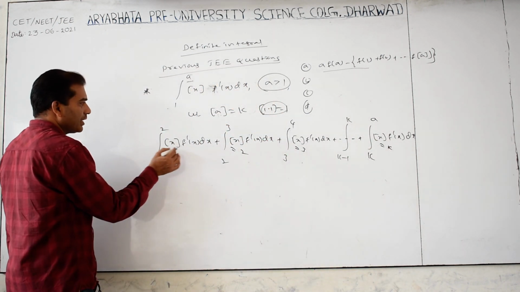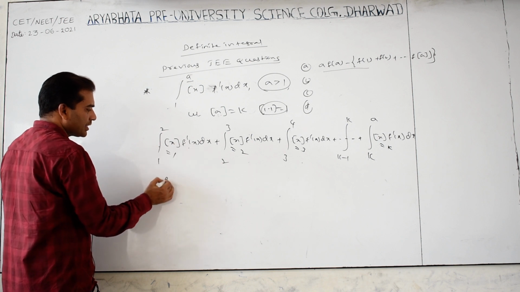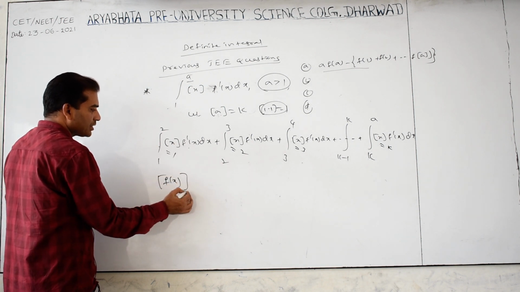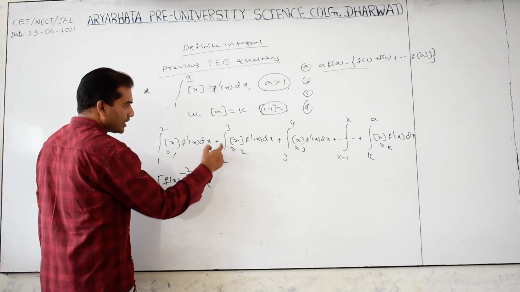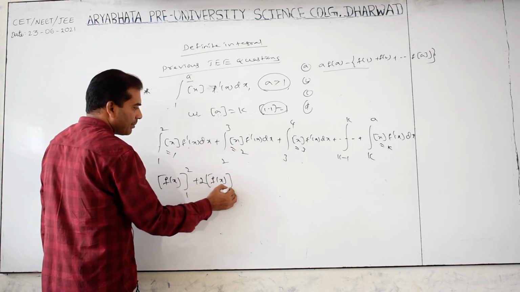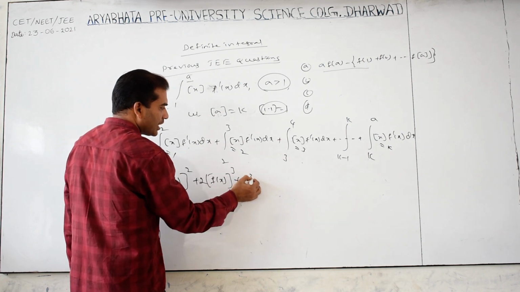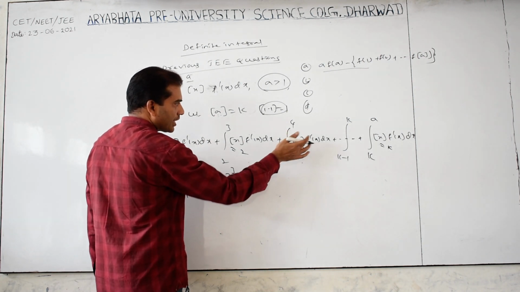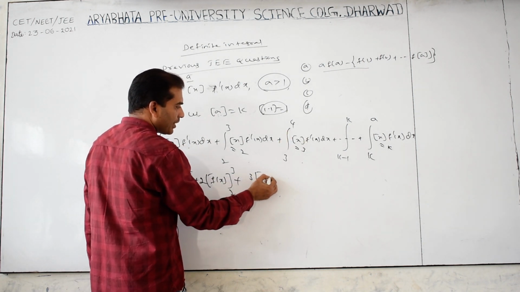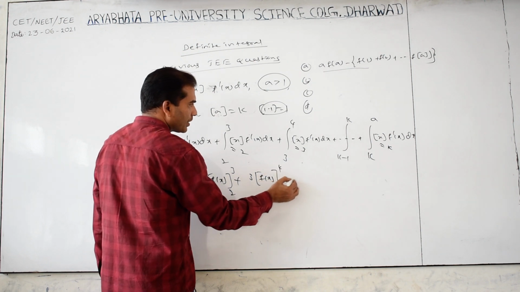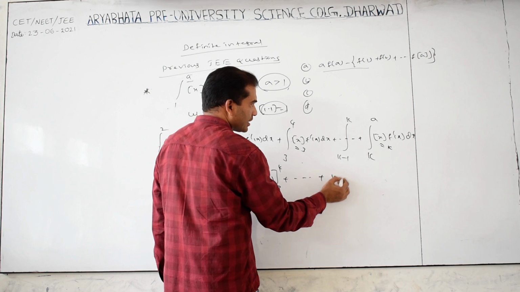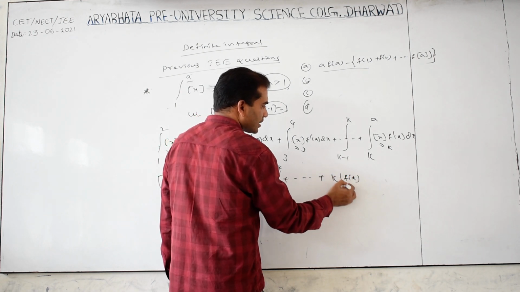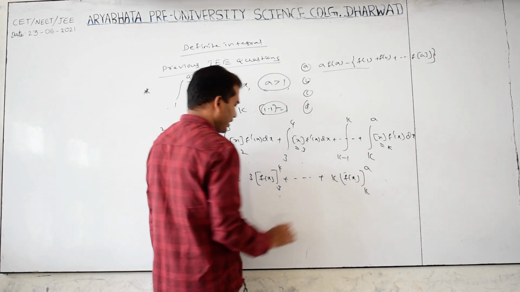Integration of f dash x is f of x: 1 times f of x with limits 1 to 2, plus 2 times f of x with limits 2 to 3, plus 3 times f of x with limits 3 to 4, plus so on. The last one is k times f of x with limits k to a.